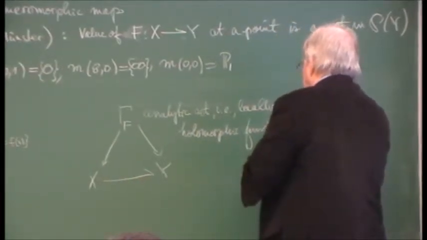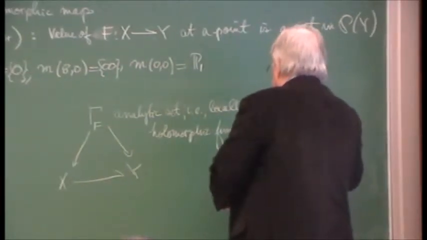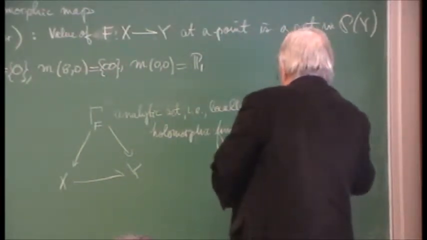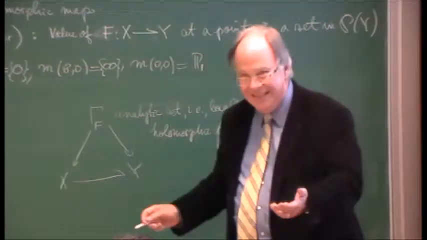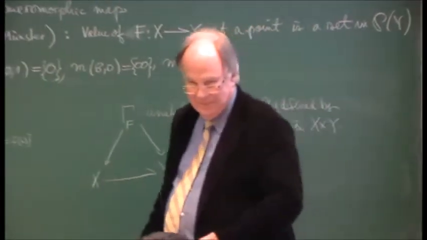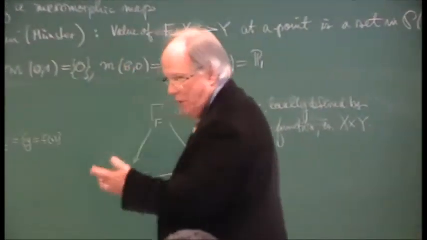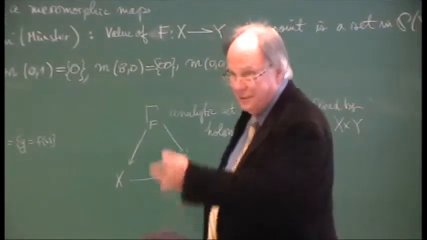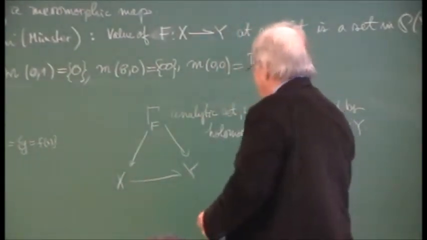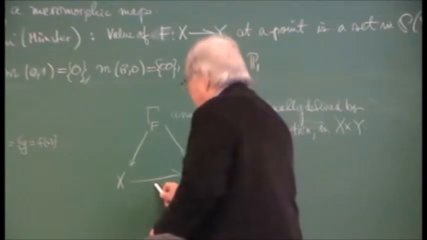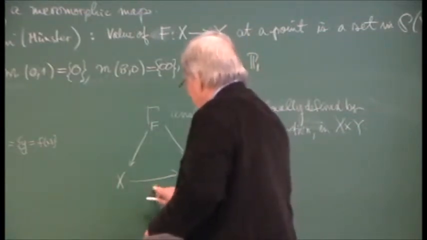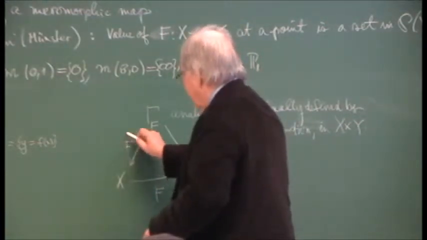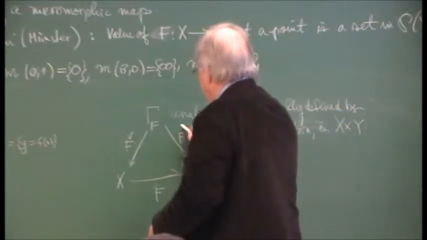So this is an analytic subset in X cross Y, with some reasonable properties, not just something. If this map is f, I think Stein's notation here is f hat here and f hat here.